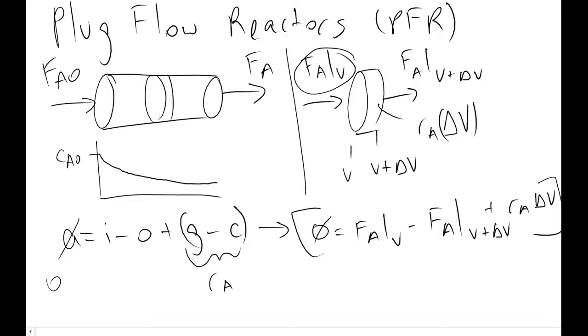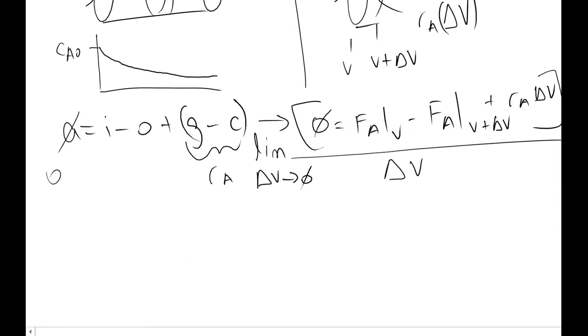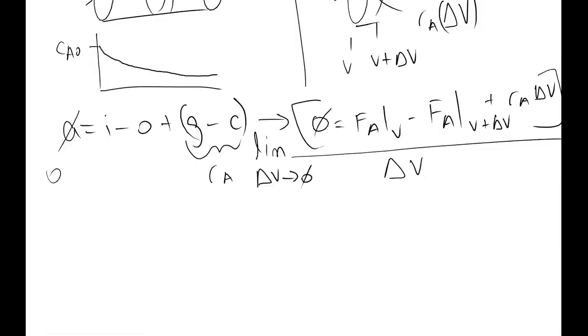And so the next step that we're going to do is divide this whole equation by delta V, and then take the limit as delta V goes to 0. And so what we notice is that we have a definition of derivative in here.